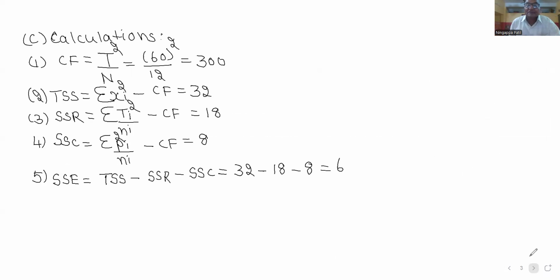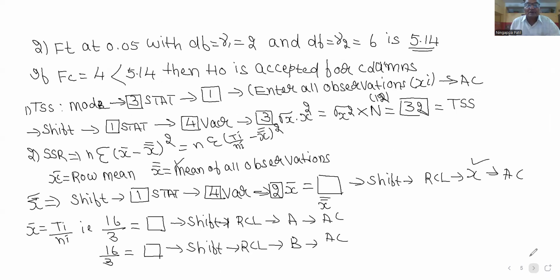Okay. Now, the same thing I have given in calculator notation. 16 upon 3 equal to button. Whatever you get, you store in letter A and press the AC button.